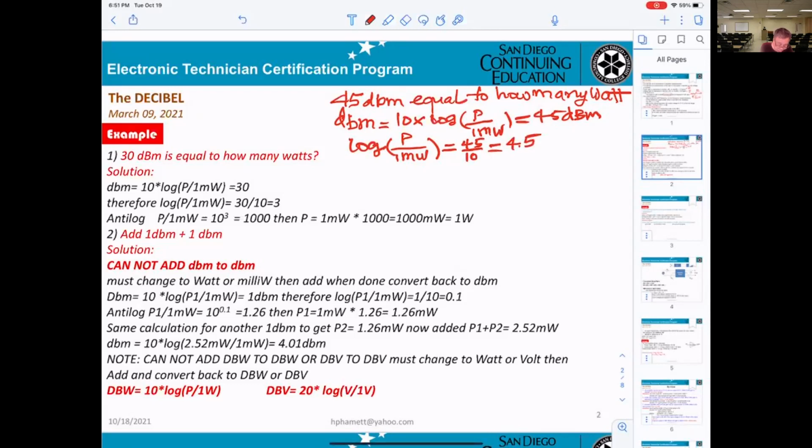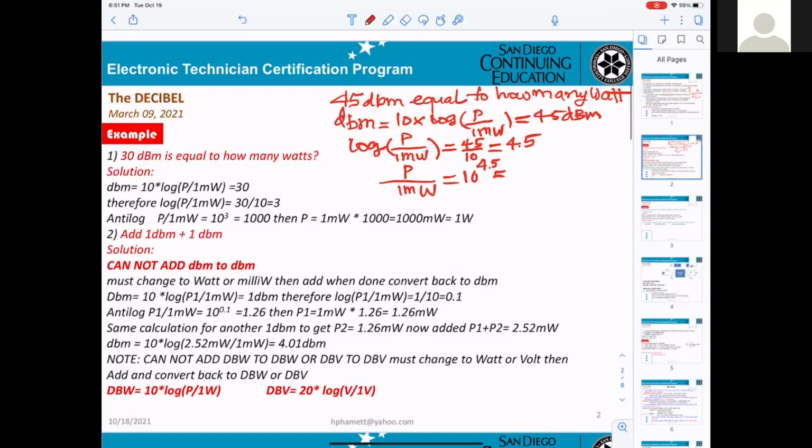And now remove the log. P over 1 milliwatt equals 10 to the power of 4.5. Okay, 10 to the power 4.5, what do you get?